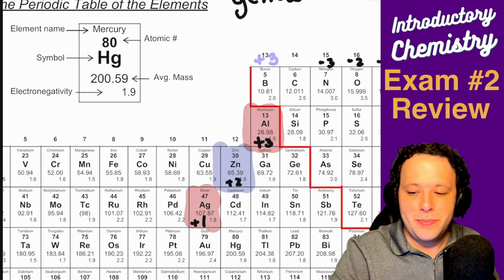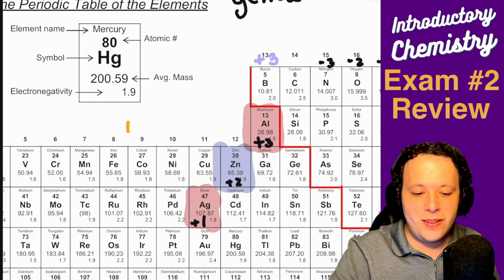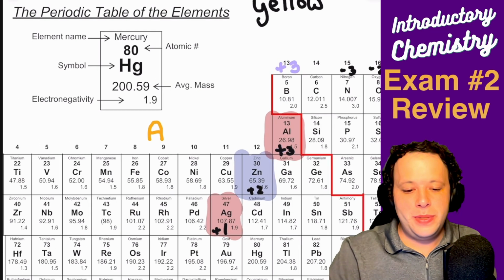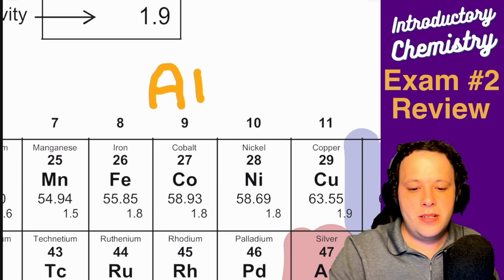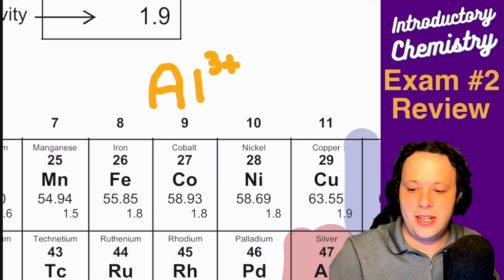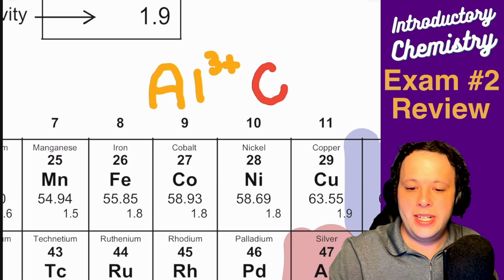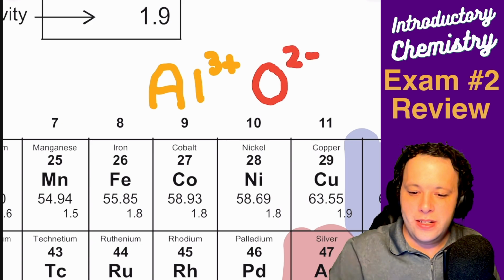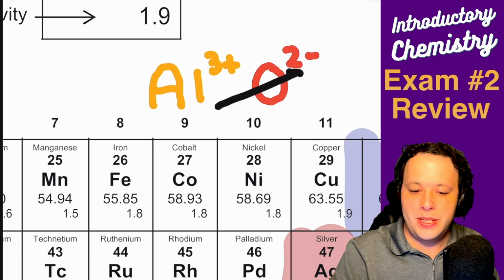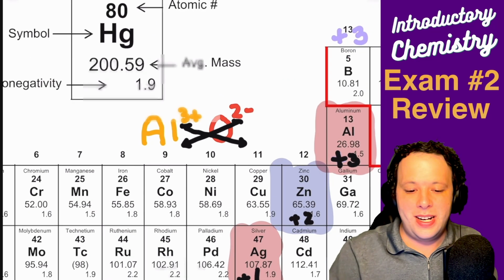So all we're going to do is take our aluminum, so it'd be aluminum 3 plus, and then oxygen 2 minus, and we're going to trade the numbers. The 2 is going to come down to aluminum, and the 3 is going to come next to oxygen.